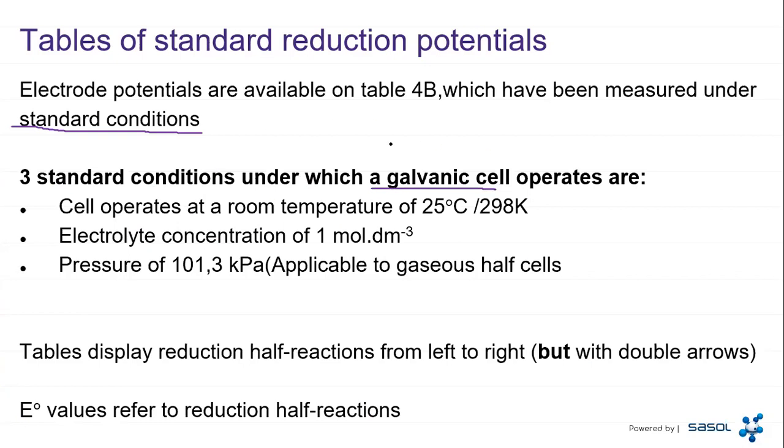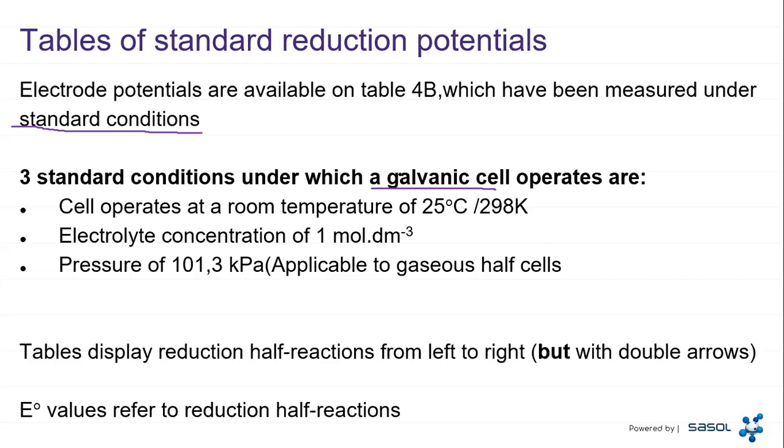And firstly, those reduction potentials that we saw in table 4B were measured when a galvanic cell operates at a room temperature of 25 degrees Celsius, which is actually equal to 298 kelvins.